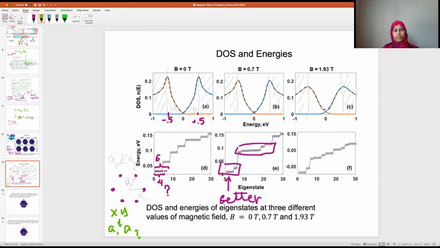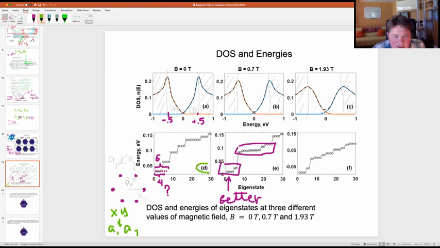Yes, exactly. Another thing: in panels D and E, the energy of the orbital in the conduction band is bigger than 0. And in panel F, there are several states whose energy, which we attribute to the conduction band, is smaller than 0.